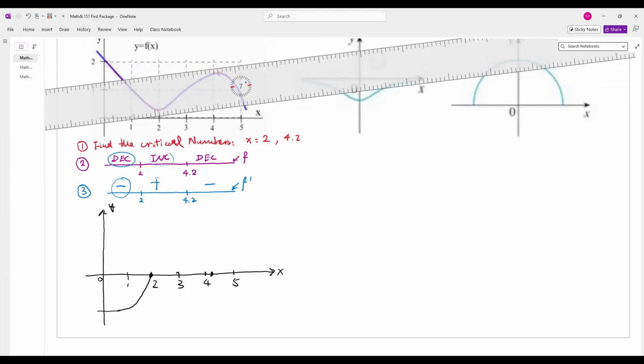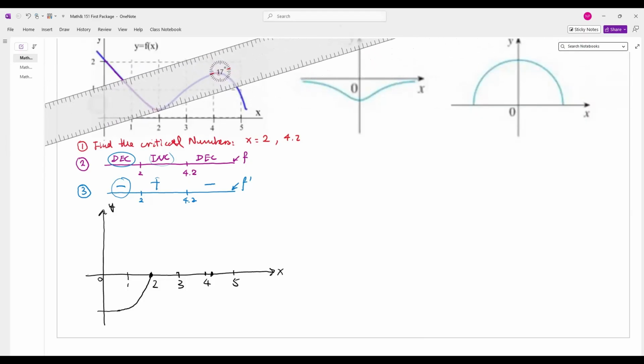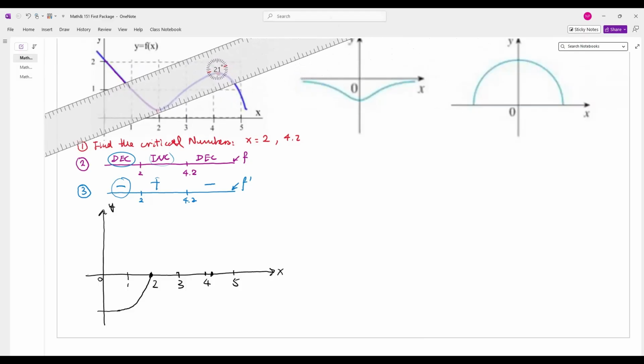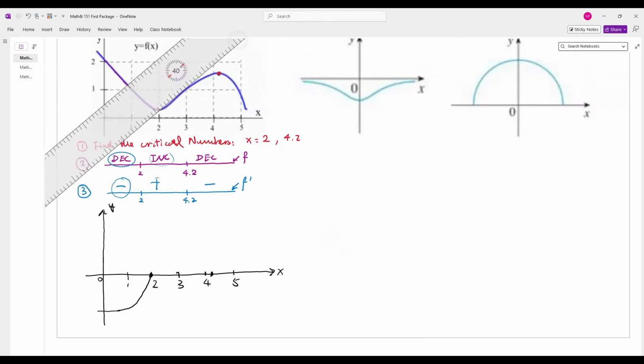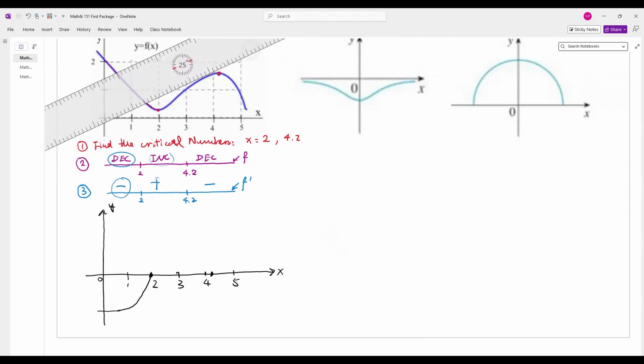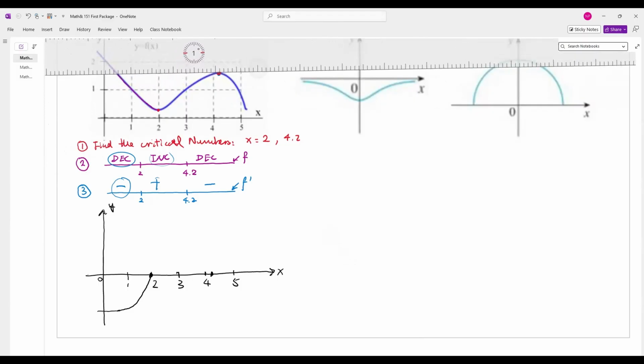And then after 2, the function is increasing. So you will see that the slope becomes positive now, which is more and more positive. And then you see it is less and less positive, and becomes 0 again.